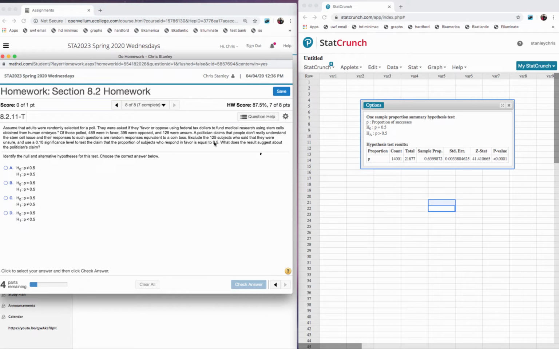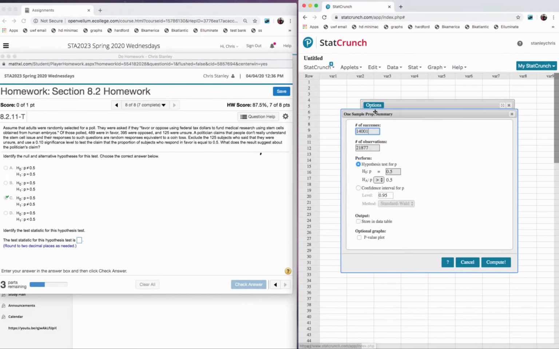Favor is equal to 50%. And they exclude the 125. Okay, so to run this test, we're not going to take those 125 that we're unsure. We are going to take the people who favored and the people who opposed.